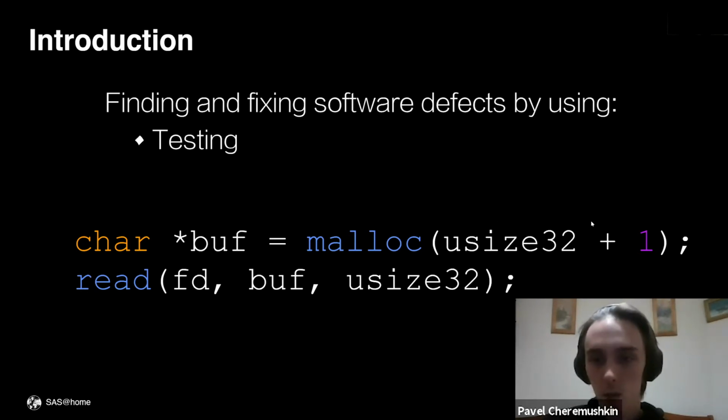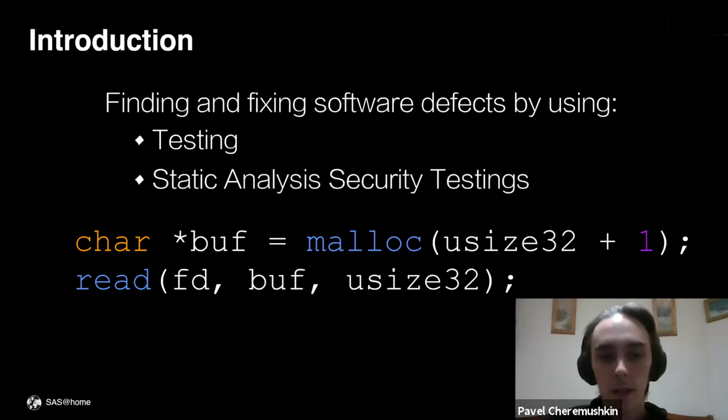Assuming a remote attacker may control size 32, it may overflow, and it will result in a buffer overflow later on during the call to the read function. So the return value of malloc is not checked, and the return value of read is not checked, which could lead to null pointer dereference and to usage of uninitialized memory correspondingly.